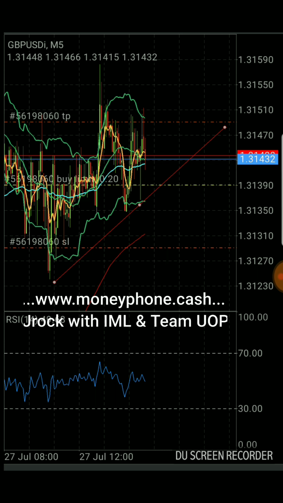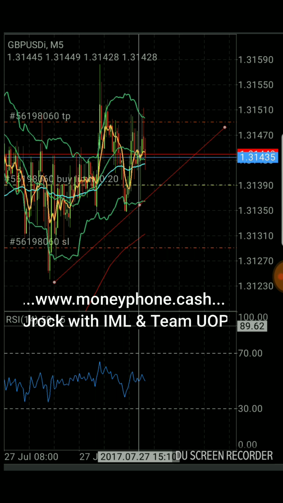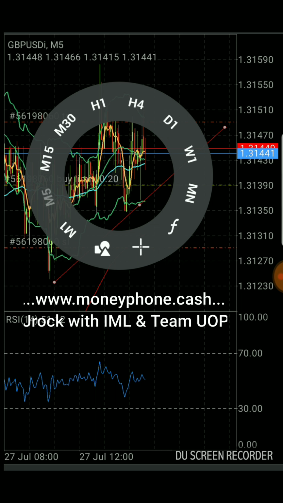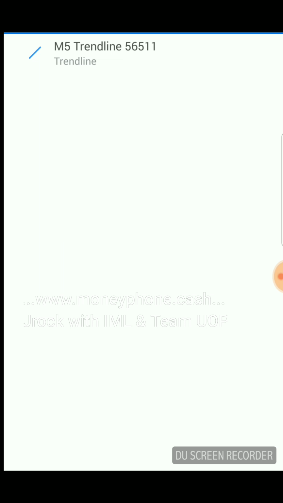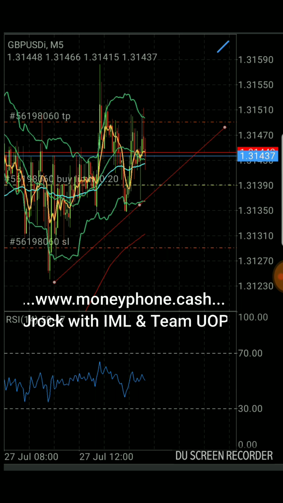Now, if you want to do a sell limit order, that means you think it's going to rise a little bit, and then it will ultimately fall. Well, we are going to say, okay, at the top of the trend, let's draw a trend line here. Click on that, your circle, square, triangle, plus add a trend line, and then I'm just going to draw a trend line like that.